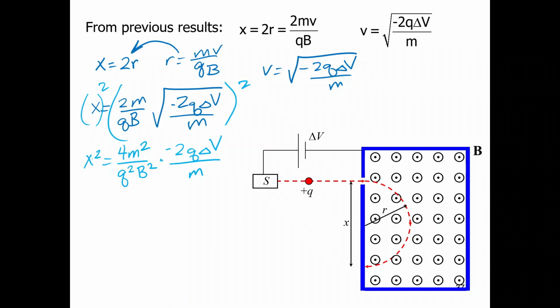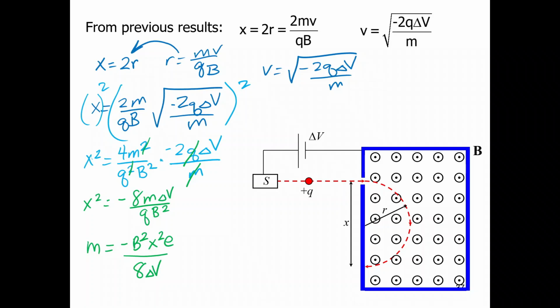So simplifying down, one of my q's cancels, one of my m's cancels, and I get x squared is equal to negative 8m delta V over qB squared. I can then solve for mass, and my mass is going to equal negative B squared x squared e over 8 delta V. So subbing in E for that elementary charge.